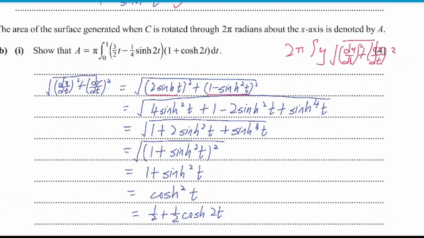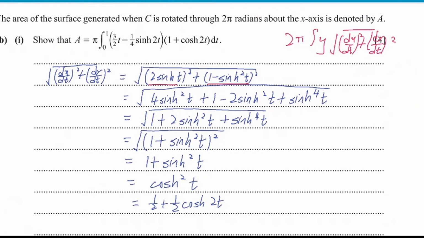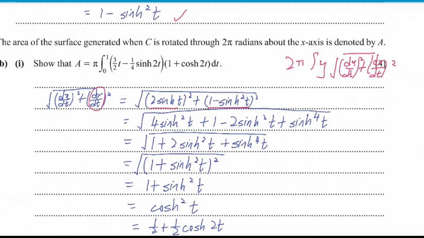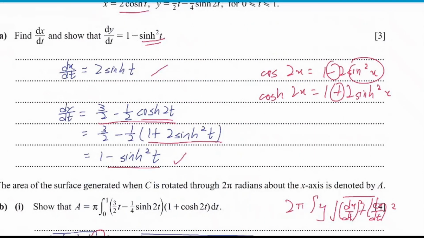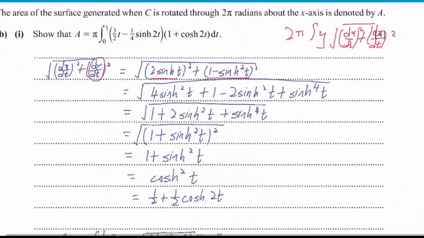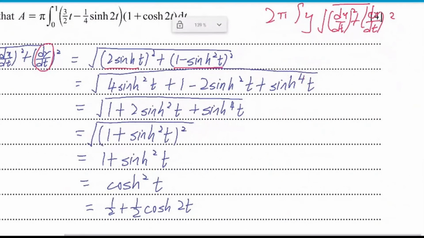So let's simplify that one first. The square root of dx/dt squared and dy/dt squared, basically we just expand everything. For dy/dt, use the one that they actually give us, it's easier to do our work later on. So expand everything, and this is what we get.